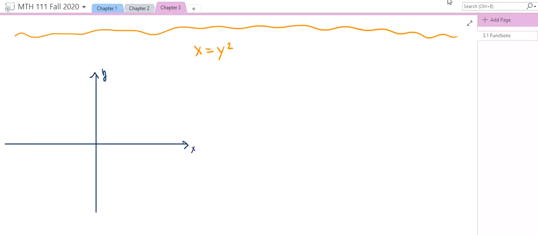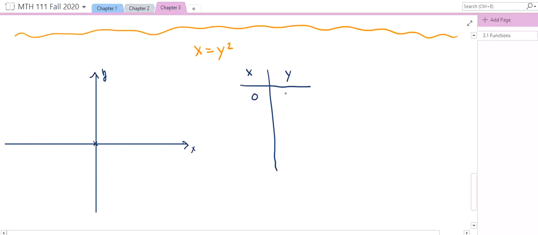On the other hand, if we have x equals y squared, then let's set our table up again. For a particular value of y, if I have y equals 0, x equals 0, that's the first point. If y equals 1, x equals 1.